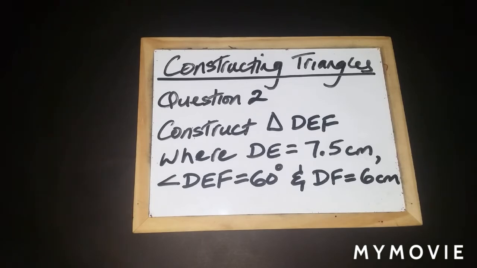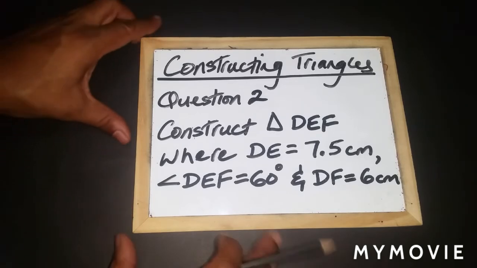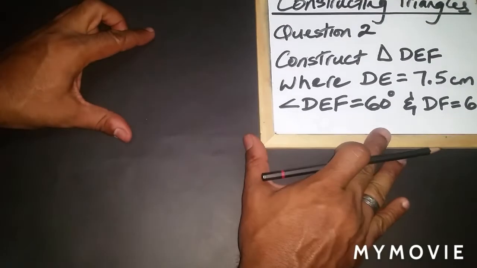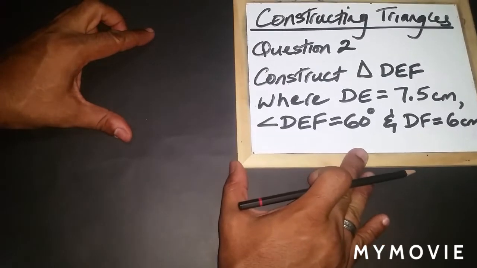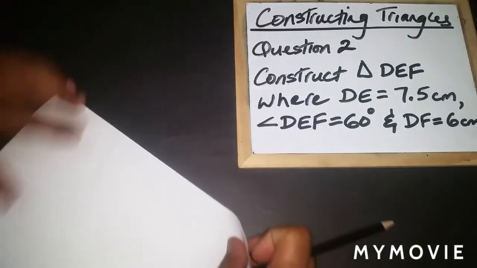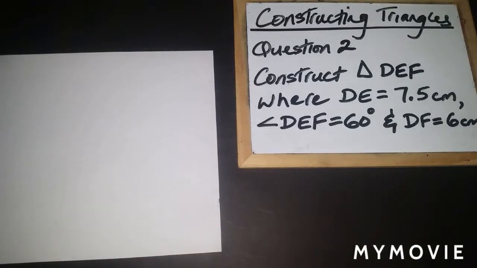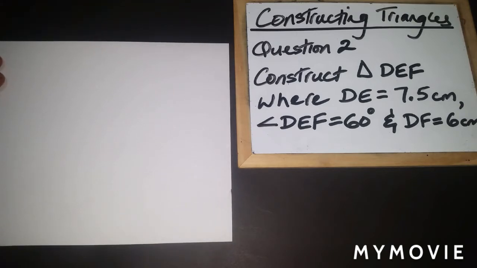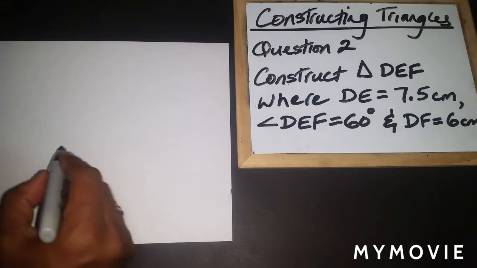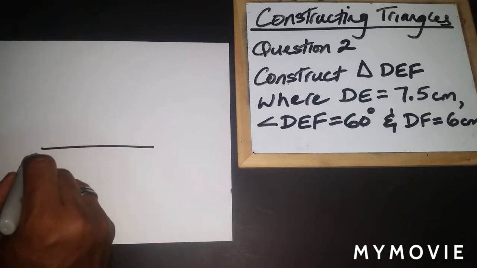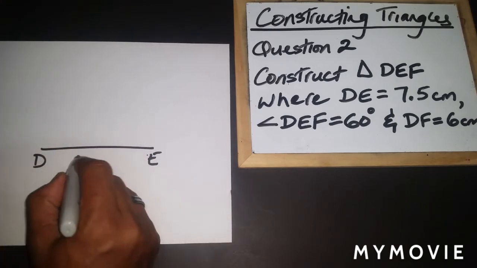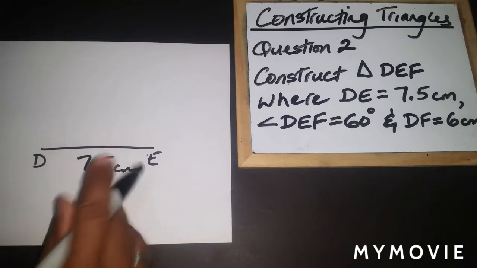Now, one of the suggestions that I like to tell students over the years is that when you have to do a construction, it's a good idea for you to do a sketch first. So let's try to do that. It says DE is 7.5. So the length of DE is going to be 7.5 centimeters.